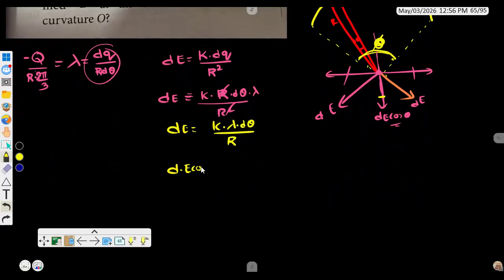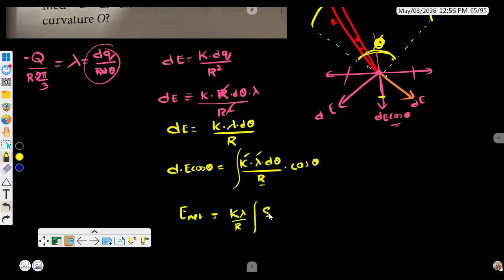So dE cos theta is equal to k lambda d theta upon r into cos theta. Now we have to integrate it to get E net, with k, lambda and r constant, taken out as k lambda by r.